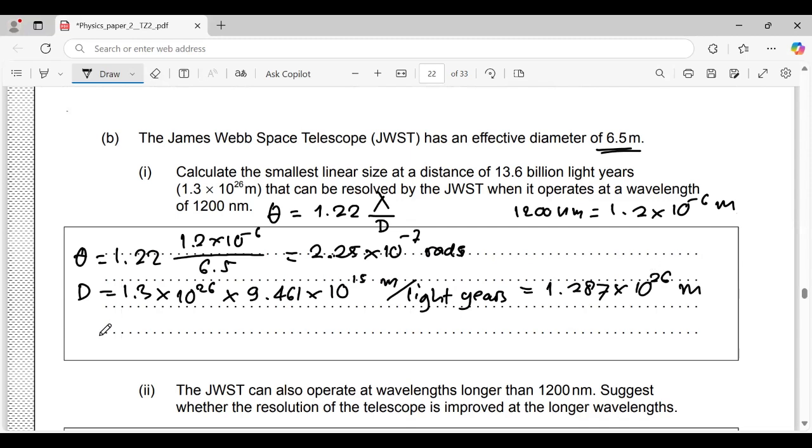And now the smallest linear size is theta times distance.